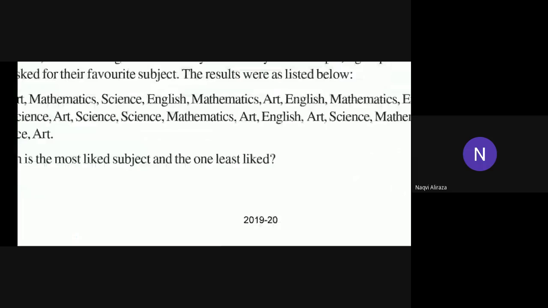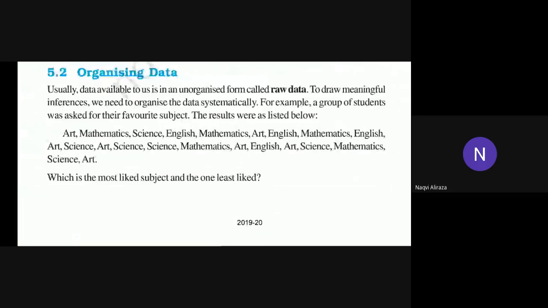For example, here it is given that a group of students was asked for their favorite subject. The results were as listed below.